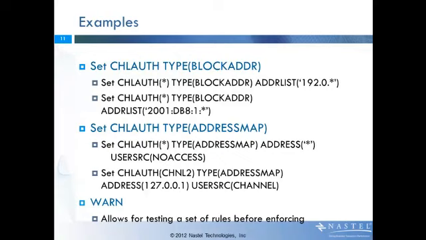So the MCA user and other settings are actually going to come from the channel. And then one other useful option is there is a warn mode, which can be used so that you can basically set up the definitions, set them to warn mode, and MQ will simply alert you when it would have not allowed access. Obviously, for production, you would want to not be running in the warn mode.